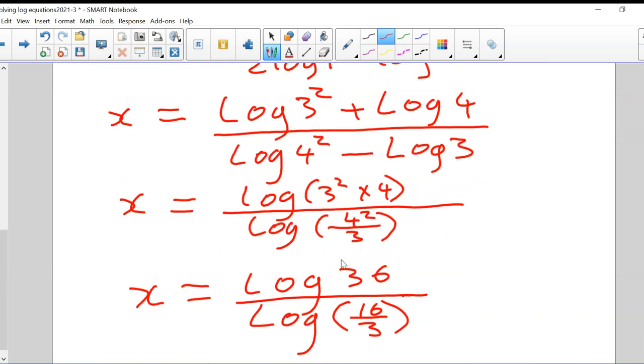We're not saying that this is equal to this at all. Do you see what I'm saying, Jeremy? Do you see why you can't just simply take away the logs? You're thinking, just take away the log to the top. No, you can't cancel the logs like that. The only time we can cancel logs is when the log of one thing is equal to the log of something else.